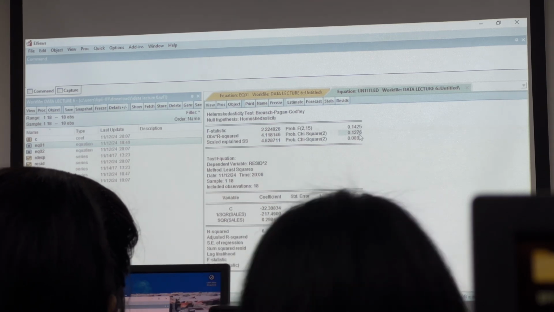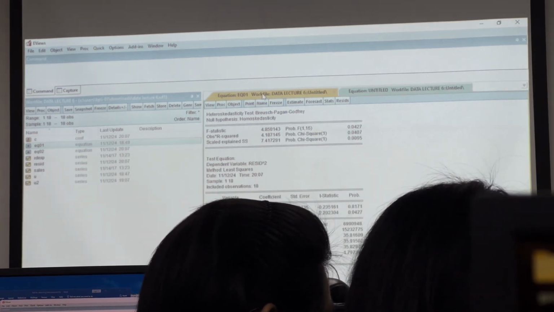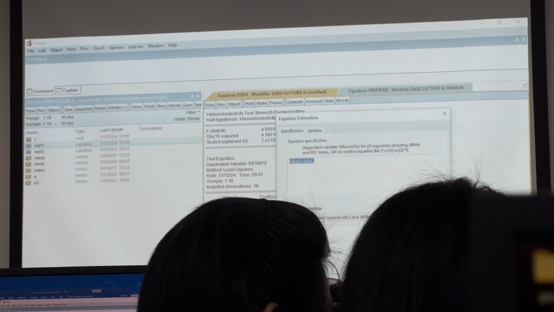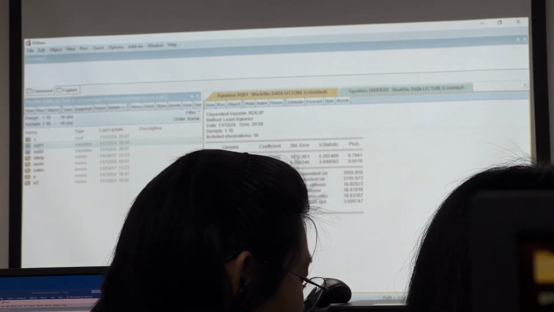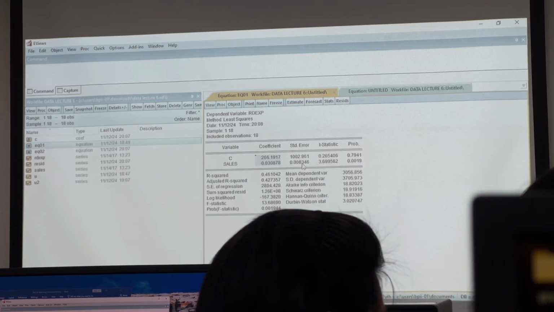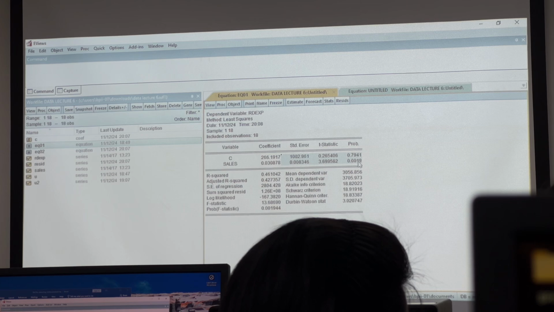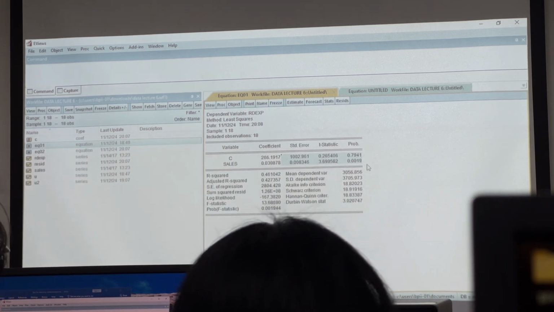So in terms of estimate, remember, the estimate of the parameters is okay. But the problem is when there is heteroscedasticity, then we do have unreliable standard error, t-statistic, and p-value.